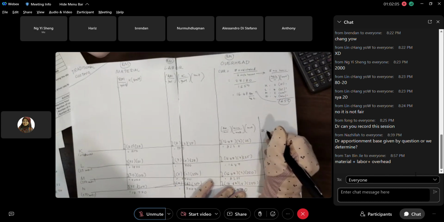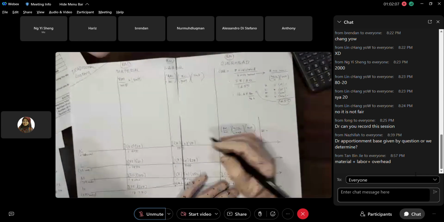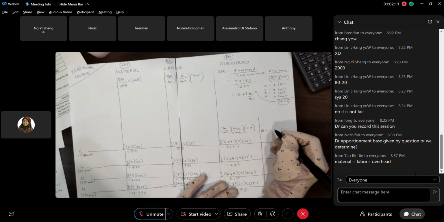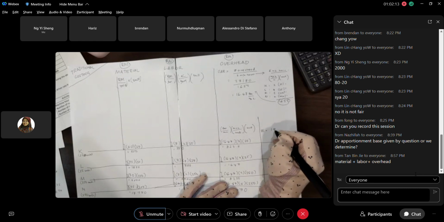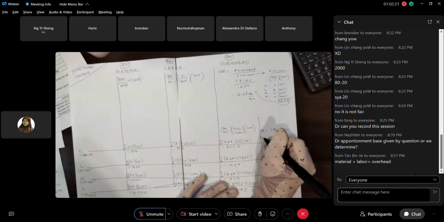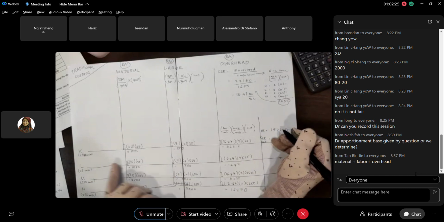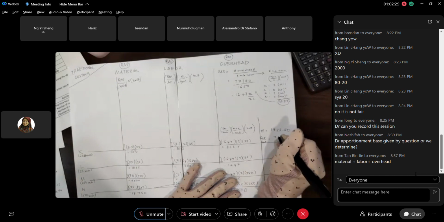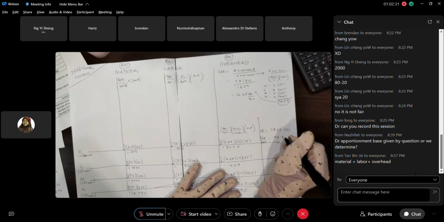So the total is 750, 350 and 823. So you get 193.50. If it is cost per unit, you have to divide by 25 units. The number is 76.9.